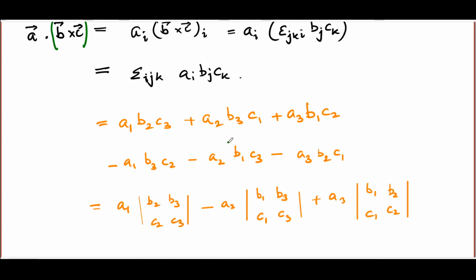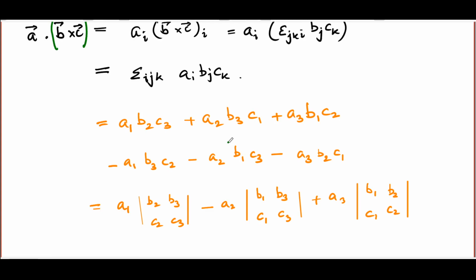Now by combining the terms with A1 together, I get A1 into (B2 C3 minus B3 C2), which is nothing but the determinant formed by putting B2 B3 in one row and C2 C3 in another. A2, if I take that common for the other two terms with minus sign, I get the determinant B1, B3, C1, C3.